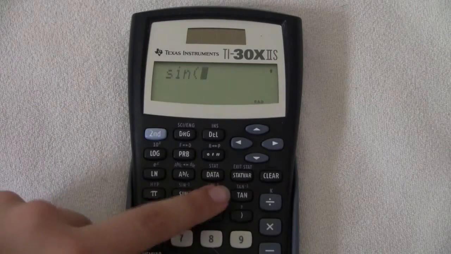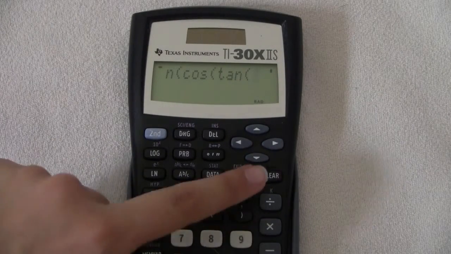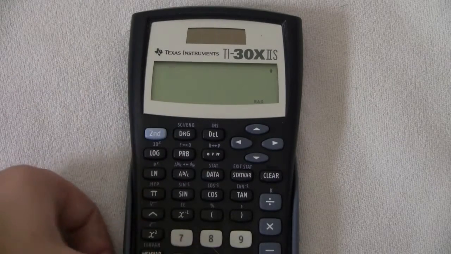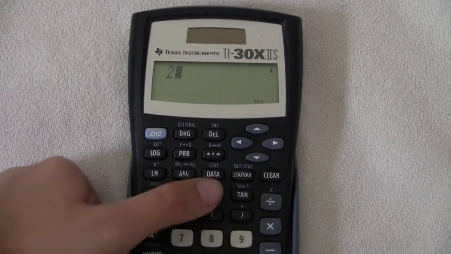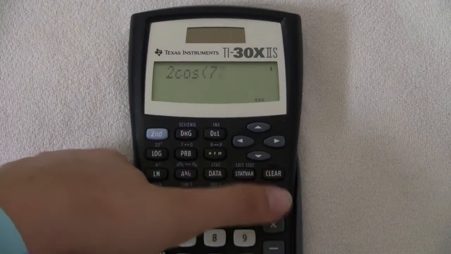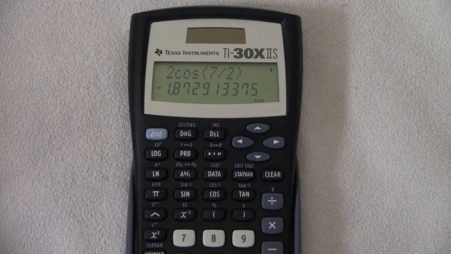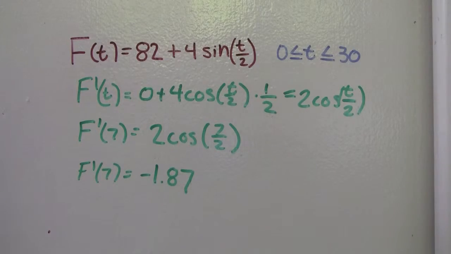You can use the sine, cosine, and tangent functions, and plug in 2 cosine 7 divided by 2, and that will give us our answer, negative 1.87. Now we found the rate of change of the traffic flow at 7 minutes, and since it is negative, that means that the traffic flow is decreasing at 7 minutes.